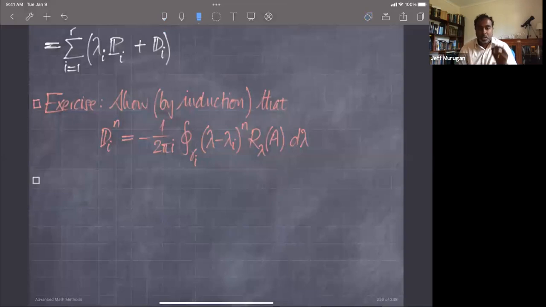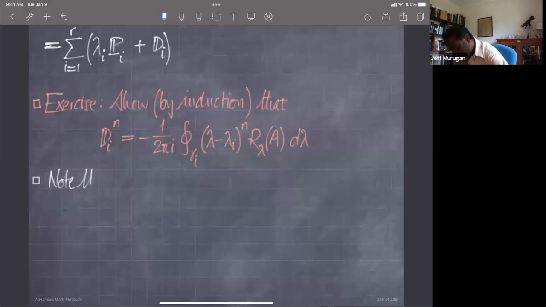The resolvent operator, because of the structure 1 over A minus lambda times the identity, only has poles.